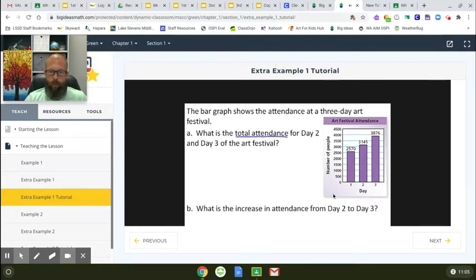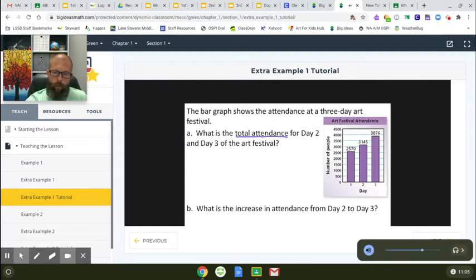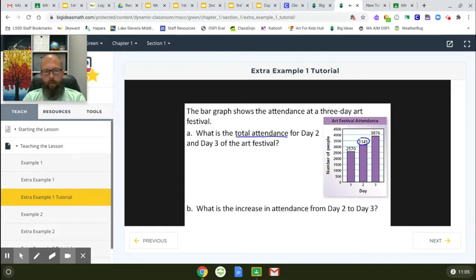To find the sum, line up the numbers by their place values, then add. 5 plus 6 is 11, carry the 1. 1 plus 4 is 5, plus 7 is 12, carry the 1. 1 plus 1 is 2, plus 8 is 10, carry the 1. 1 plus 3 is 4, plus 3 is 7. So the total attendance for day 2 and day 3 is 7,021 people.